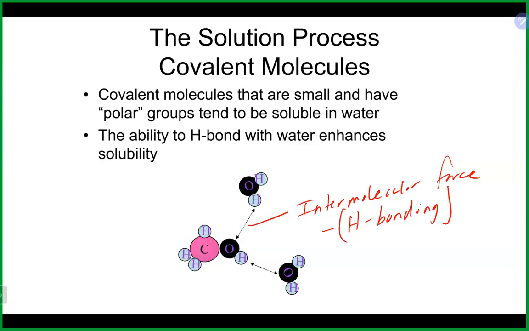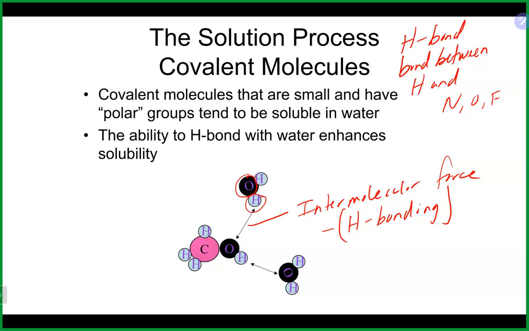In order for something to hydrogen bond, you need to have a bond between hydrogen and an electronegative atom like nitrogen, oxygen, or fluorine. So in this case, there's our oxygen and our hydrogen bound directly to each other. So water is able to hydrogen bond. Same thing here in methanol, oxygen and hydrogen bound next to each other.